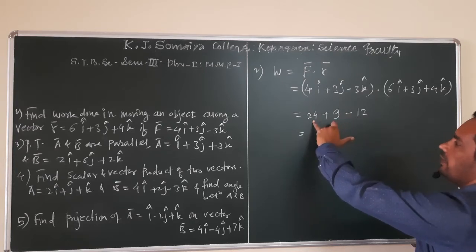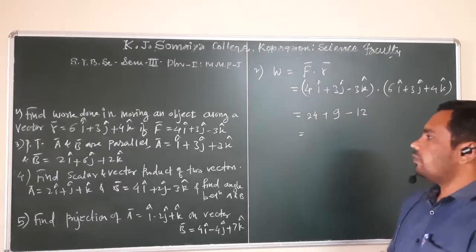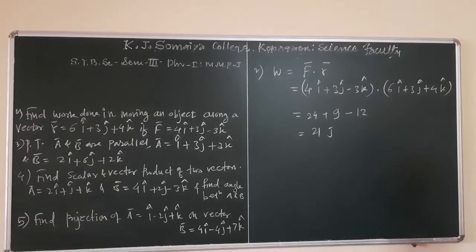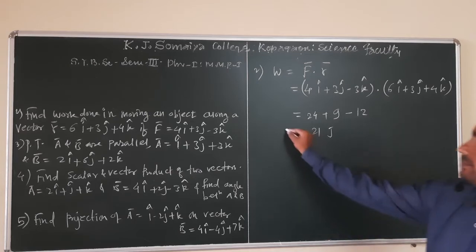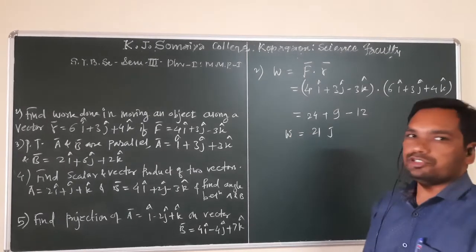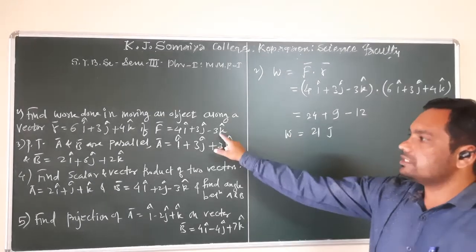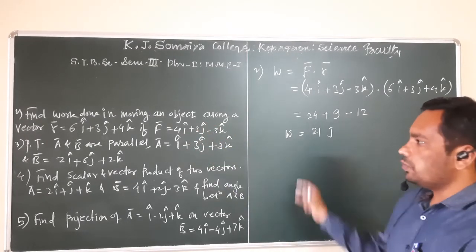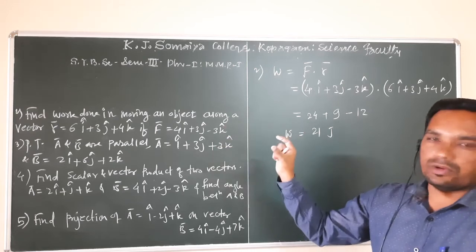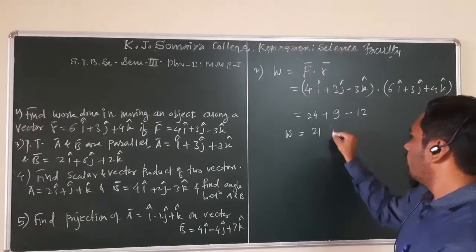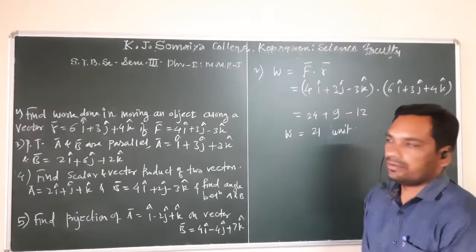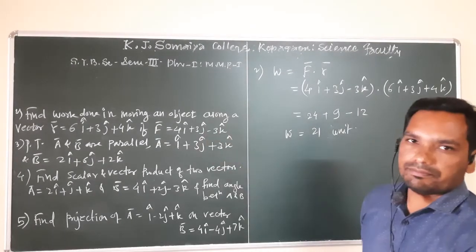So 24 minus 3, 21 joules. Okay, so work done is 21 joules if force is in Newton and r is in meter. If the unit of this quantity is not given, then you can just say units. Okay, so in this way we finish our second problem.